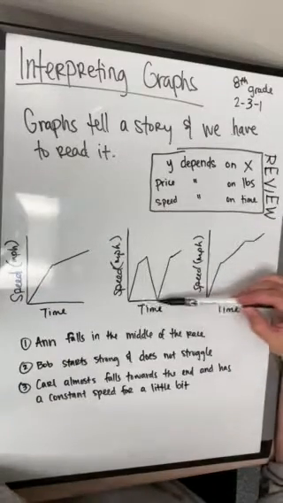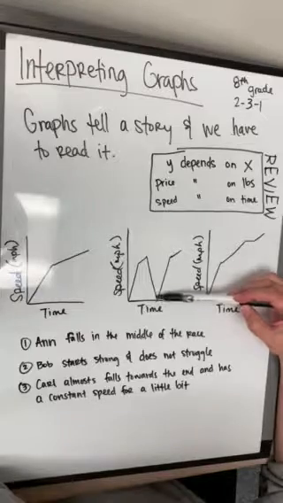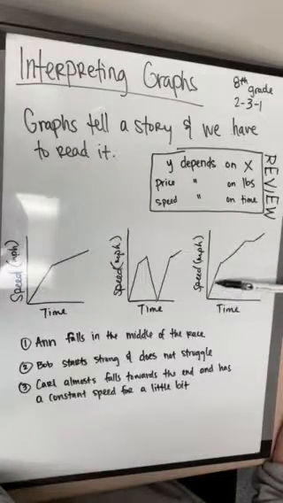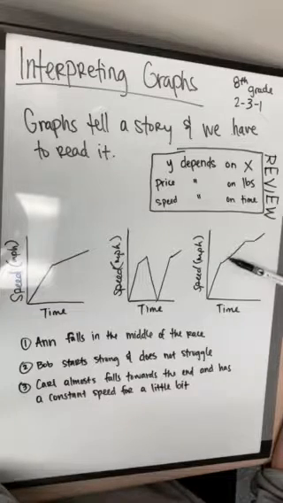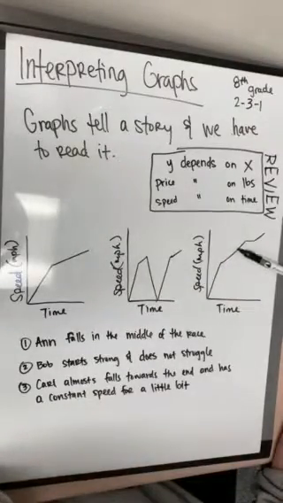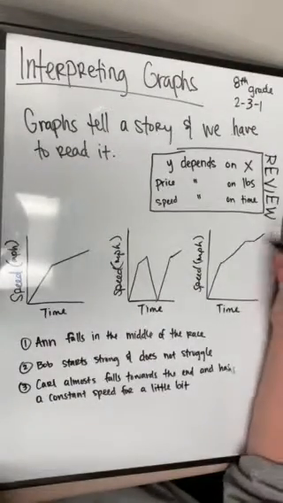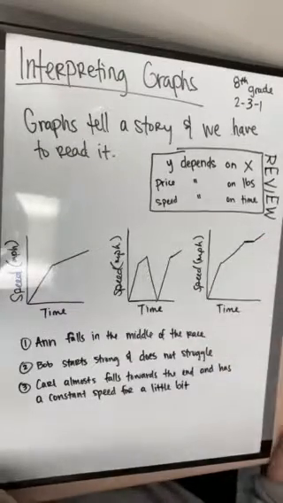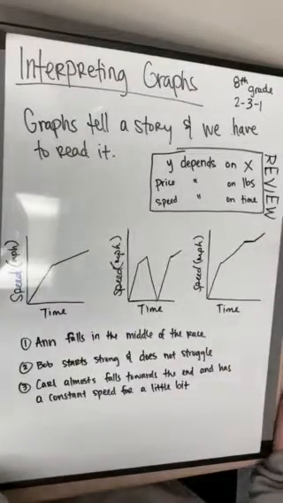So you need to watch for what it means if it comes all the way back down. On this one, we increase and then it slopes off, so they're not going as fast. But then this line right here means that it would be constant. It's a constant speed. And then they've increased speed again at the end.